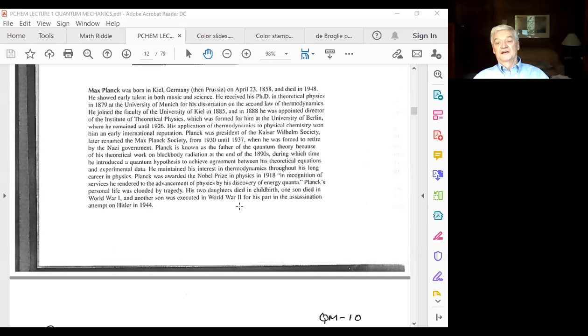His two daughters died in childbirth. One son died in World War I, and another son was executed in World War II for his part in the assassination attempt on Hitler in 1944. So sometimes even scientists get involved in politics, and people are telling me this is in your notes, so I suggest you read the whole thing, so you have an idea of what the background comes from.